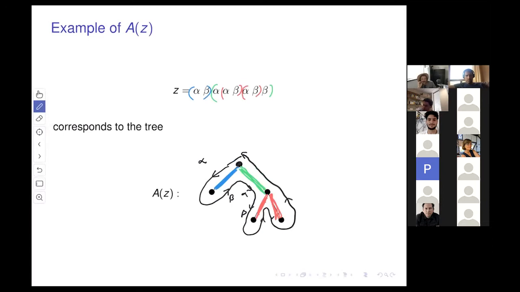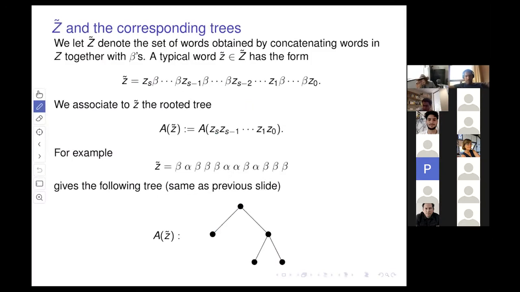Okay, so of course, not all the words in alpha and beta are of this form. So let's extend the monoid just a little further. I'm going to write Z tilde. This is obtained from Z and possibly a bunch of betas, right?